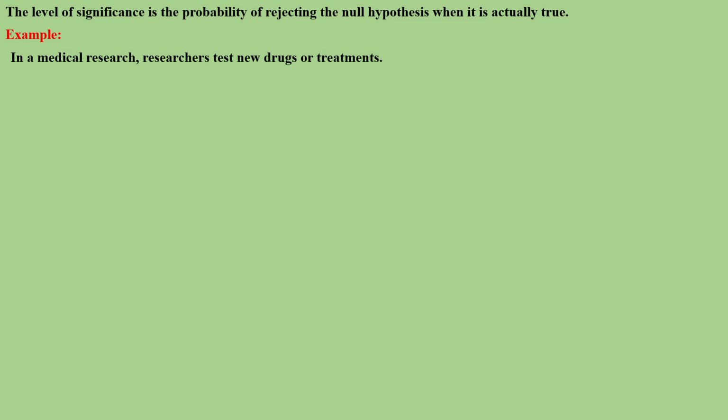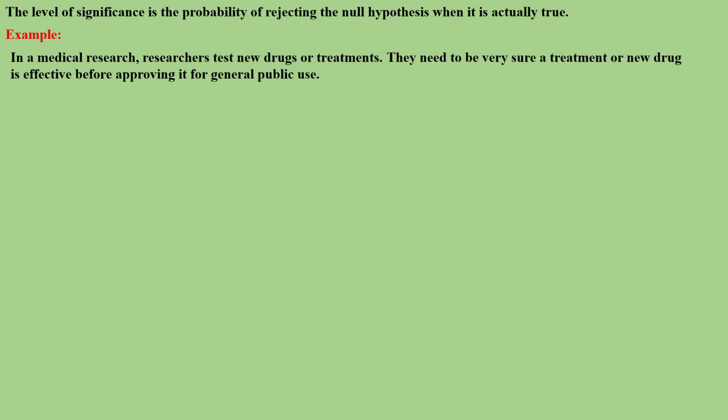In medical research, for example, researchers test new drugs or treatments. They need to be very sure a treatment or new drug is effective before approving it for general public use, right?